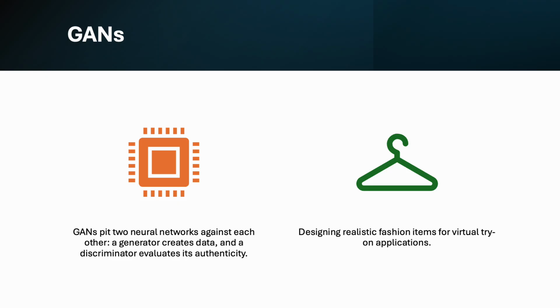GANs excel at capturing intricate data distributions, enabling them to generate photorealistic images, deepfake videos, and even synthetic voices that are often indistinguishable from real ones. Their ability to model complex high-dimensional data has led to groundbreaking applications in fields like art, entertainment, and medicine, such as creating lifelike avatars, enhancing low-resolution images, or generating synthetic medical data for research while preserving privacy.